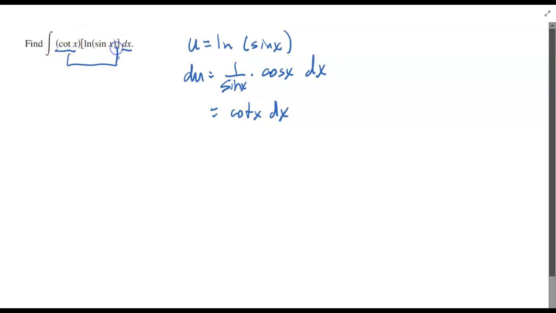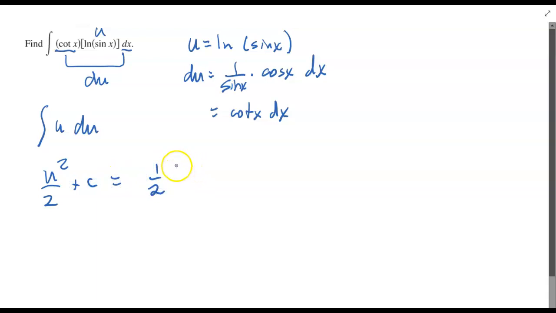So all of that is du, and this is u. So this becomes the integral of u du, which is u squared over 2 plus c, and we get 1/2 the natural log of sine x, squared, almost forgot the squared, plus c.